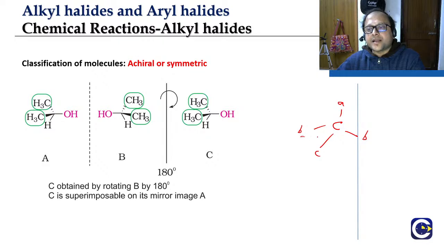This will be counted as symmetric. That's what we have, because when you rotate this, you are going to obtain the same thing here, right? So basically the mirror image here is B, and when you rotate A or C by 180 degrees, you will find the exact same molecule. Hence they are achiral or symmetric in nature. So they are not going to have any enantiomer, right?